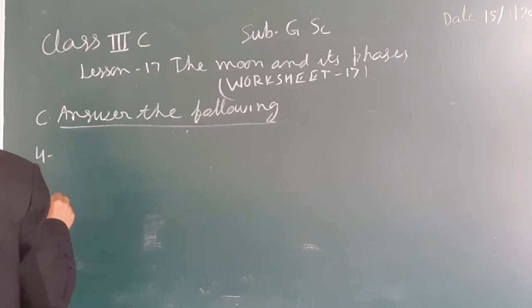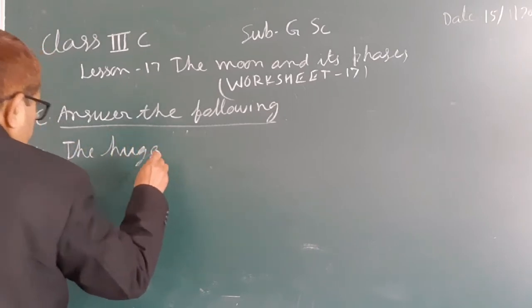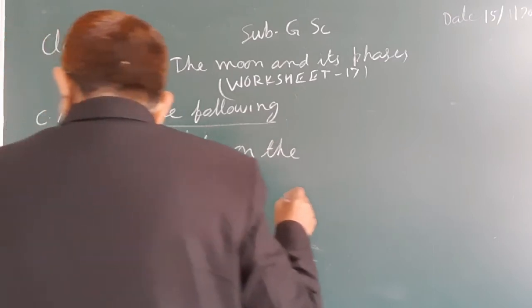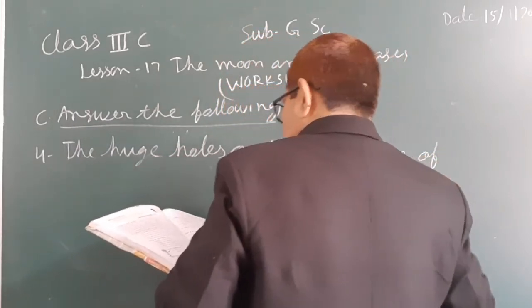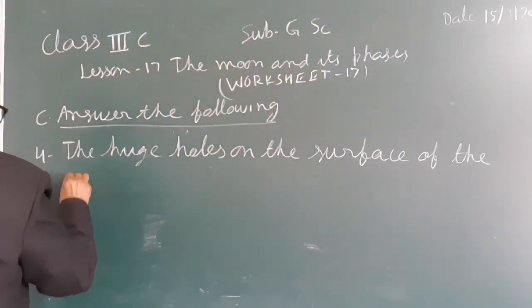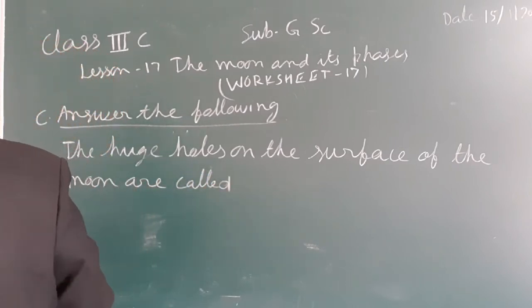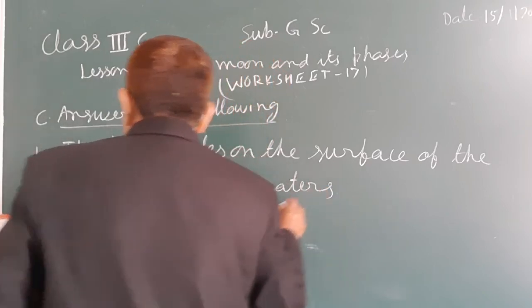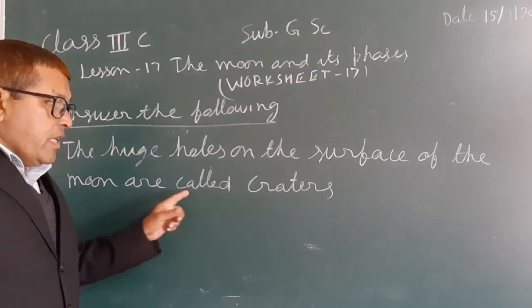The huge holes on the surface of the moon are called craters.